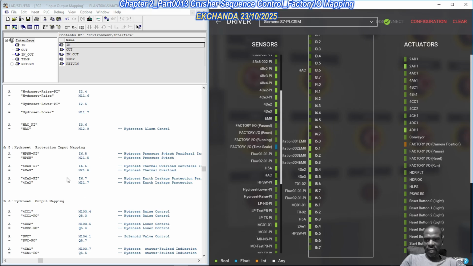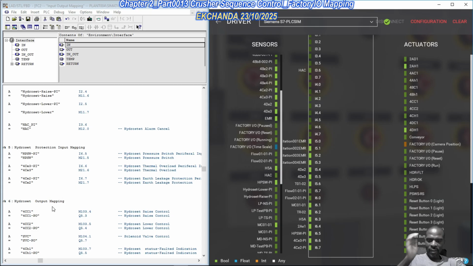And then 4CE3 is mapped to input 6.6. 4CE2 is mapped to input 6.7, which is this one here.